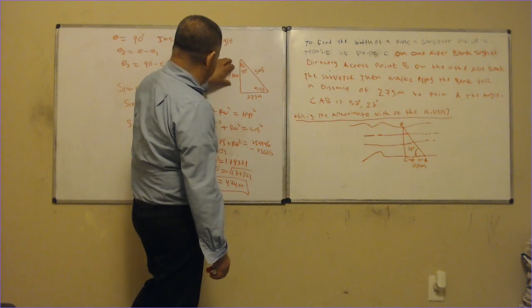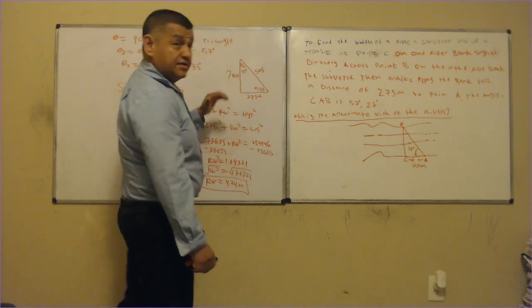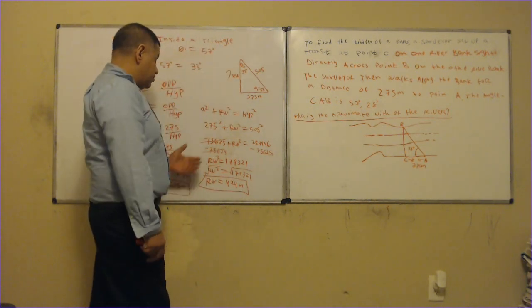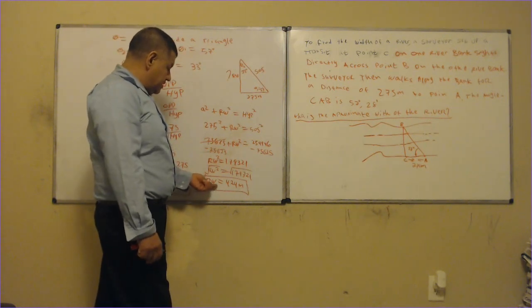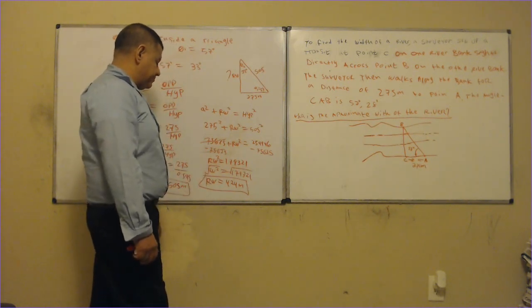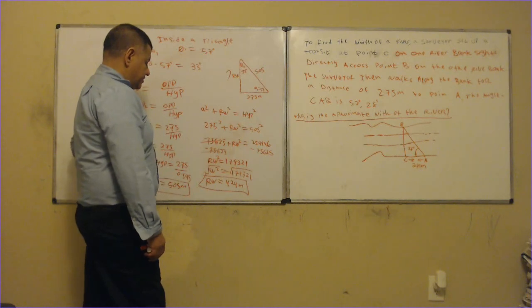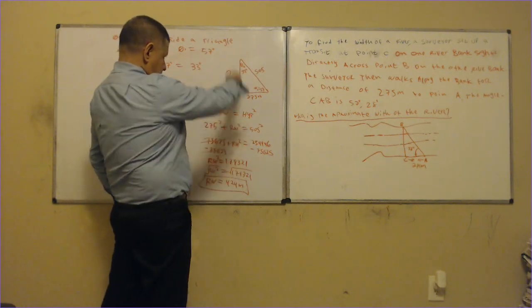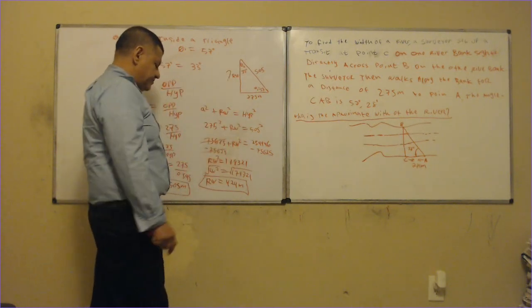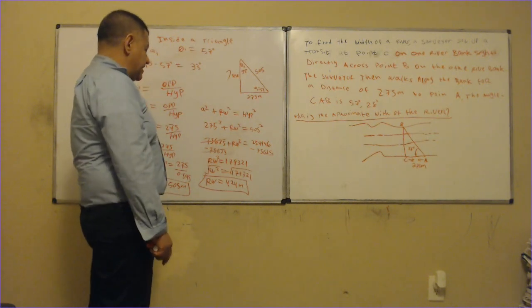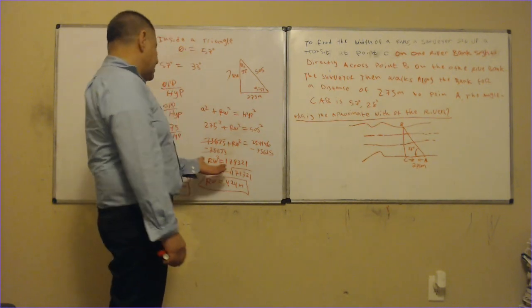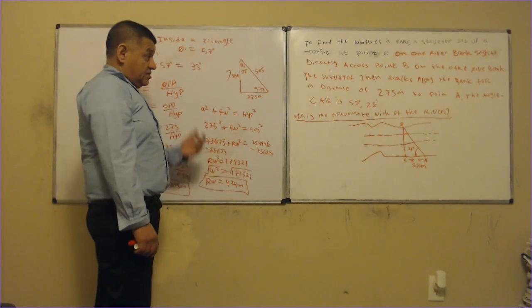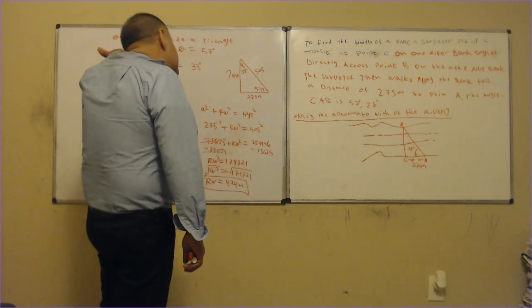Basically, what we did now is use the Pythagorean theorem to calculate the width of the river, right? That's how it's done. You can look it up after this.